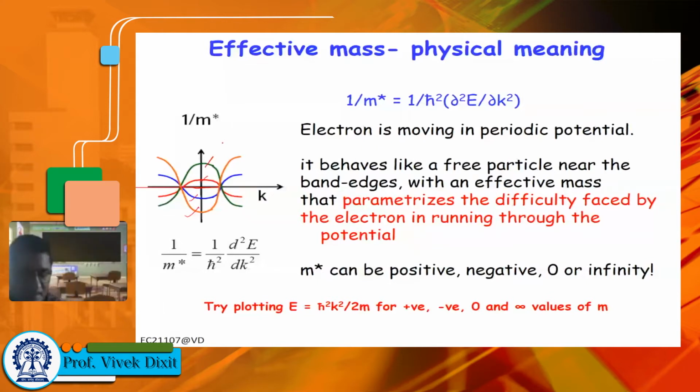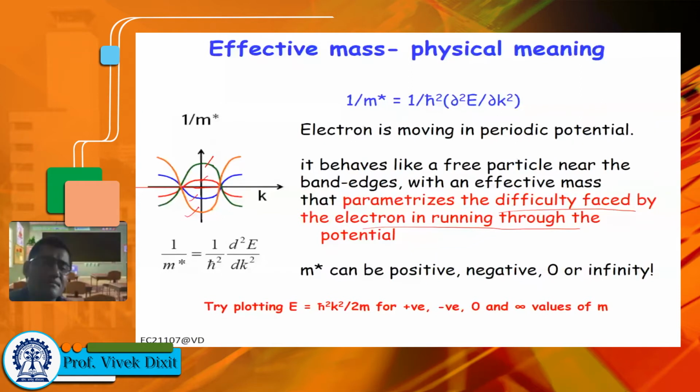Effective mass parameterizes the difficulty faced by the electron in running through the potential. This is an exercise for you: plot E equals h bar k squared by 2m for positive, negative, and zero, and find the value of m. You will be able to reproduce this kind of curve.